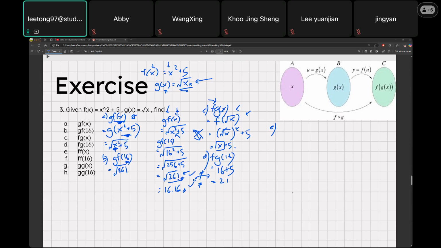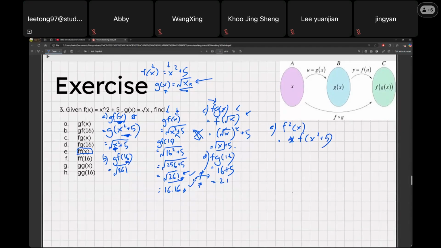Okay. Next. E. f squared x. What is f(x)? So this question is almost similar to the last exercise. So I'll go through it. Equal to another function f: x squared plus 5, squared, plus 5.